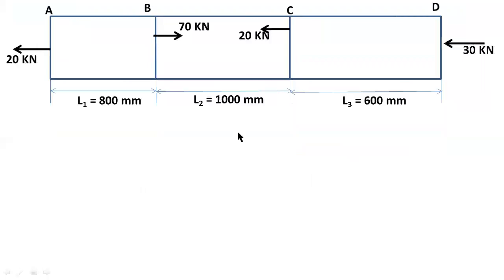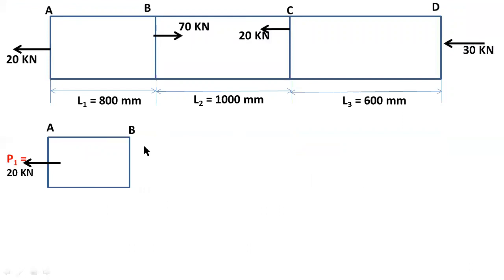I consider the same diagram here. We already discussed the procedure for solving this type of problem. First you have to split up this compound bar into three sections. I consider AB as section 1, that is bar 1, BC as bar 2, and CD as bar 3.